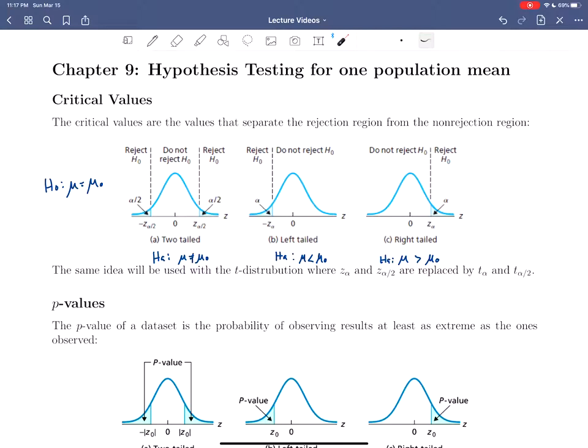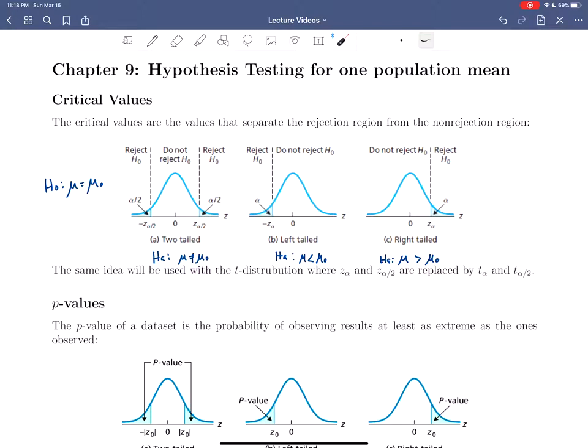The alpha, remember, is the significance level. You want to determine beyond a certain threshold of significance whether something happens or not. If you have a two-sided or two-tailed test, that area alpha has to be split into two, so each of these areas is just alpha over 2. That way when you add them up, you get area alpha.